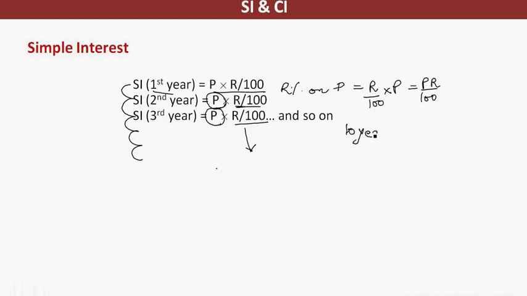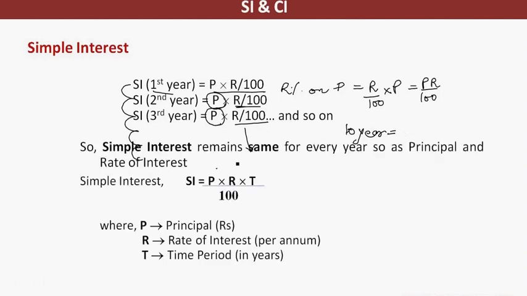So if my investment horizon is 10 years, for all the 10 years, I'll be getting an interest which is equal to PR by 100. Whatever was the interest for the first year, the same interest I'll be getting for the 10 years to follow. So simple interest remains the same for every year, as the principal and the rate of interest are not changing.